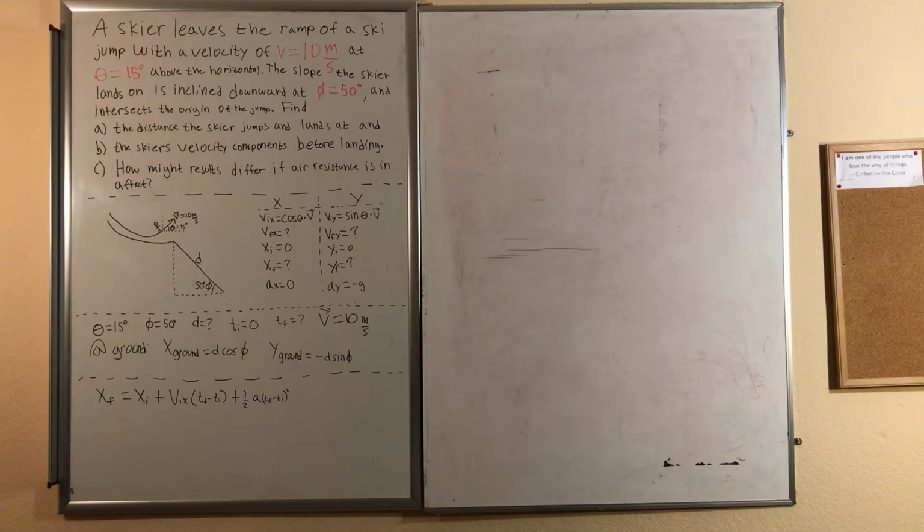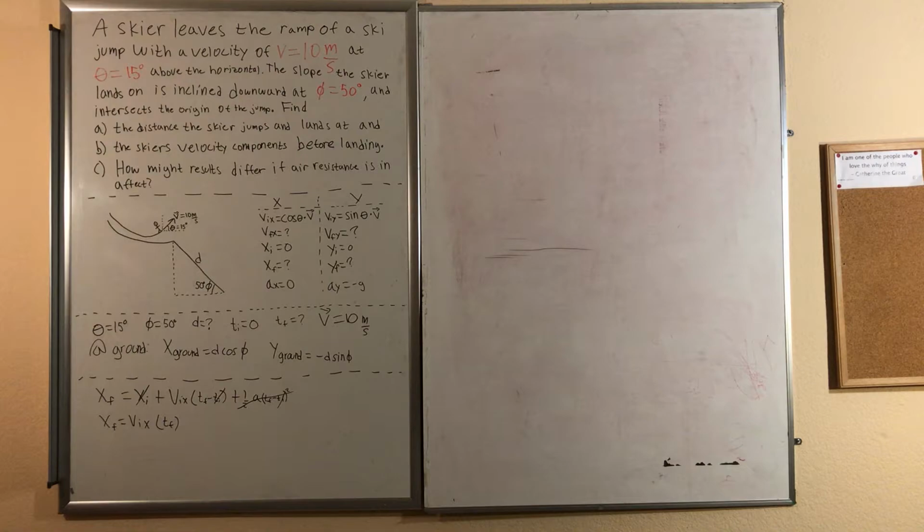Using this equation, let's solve for the x final and y final for ground. To solve for x final, x initial, time initial, and acceleration are all 0, so we can cross those out. This leaves x final equals velocity initial x times time final.